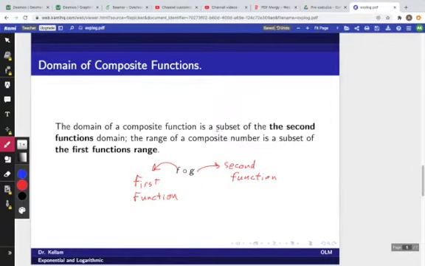And when I say that it's a subset, what I mean is the domain of f of g is inside the domain of g. Okay.